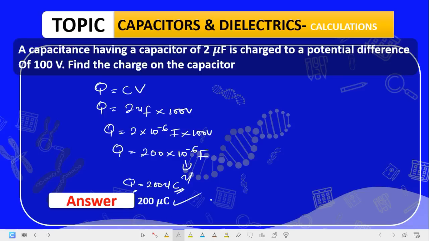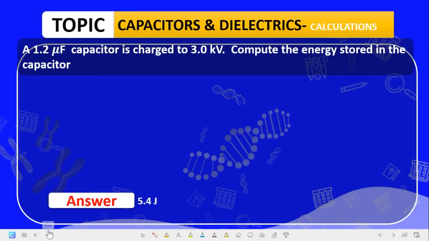That means the answer is 200 microcoulomb here. The next one is a 1.2 microfarad capacitor charged to 3.0 kilovolt. Our capacitance C is 1.2 microfarad, which is 1.2 times 10 raised to the power of minus 6 farad, charged to a voltage of 3.0 kilovolt.